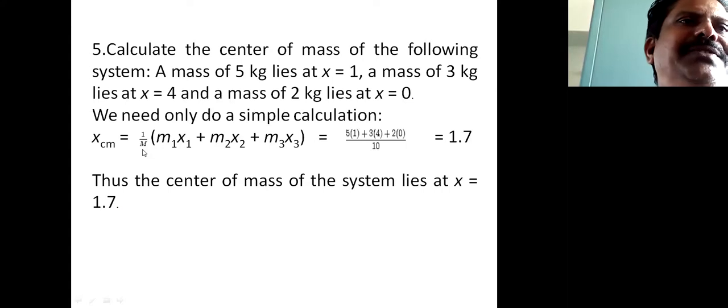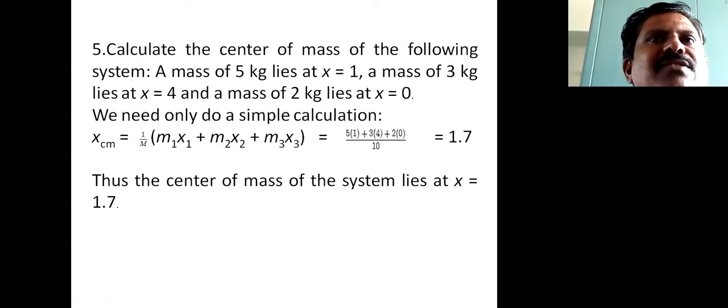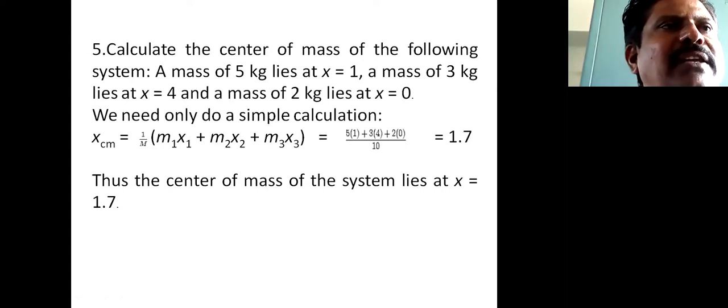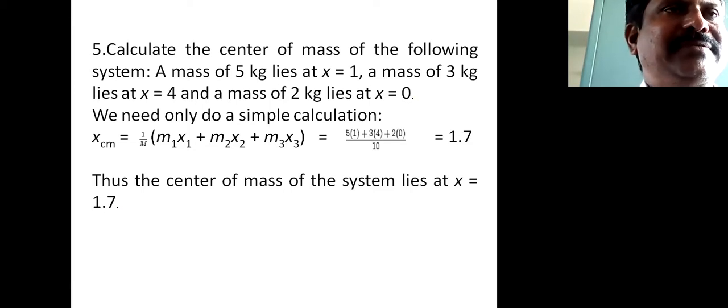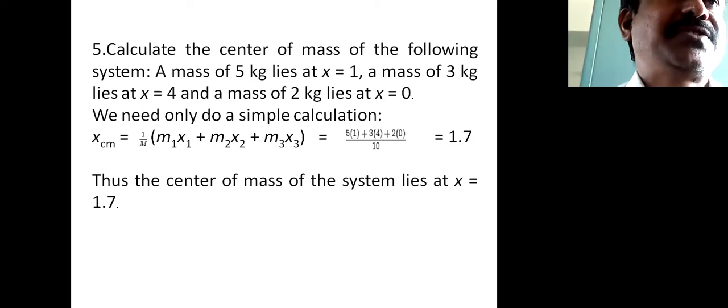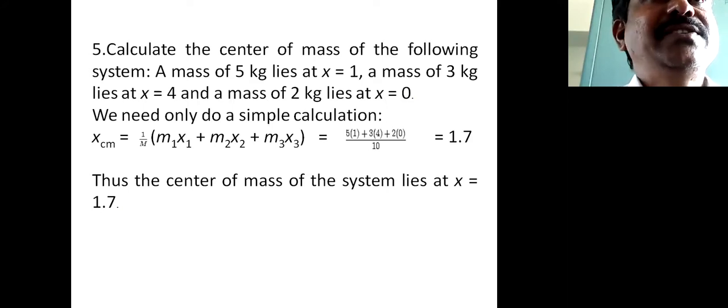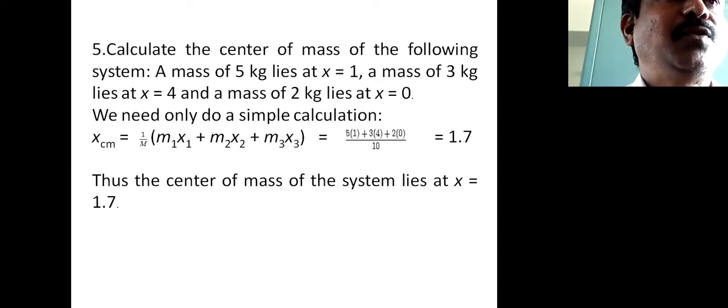Next, another example in that chapter: calculate the center of mass of the following system. A mass of 5 kg lies at a distance of 1 meter. A mass of 3 kg lies at a distance of 4 meter.